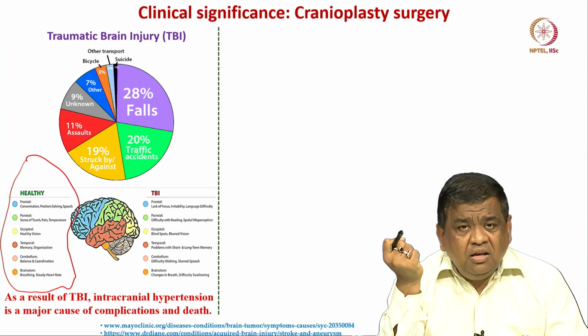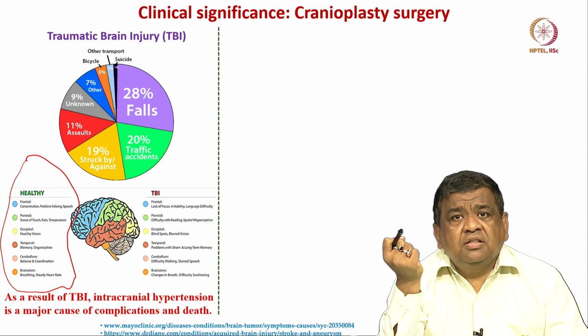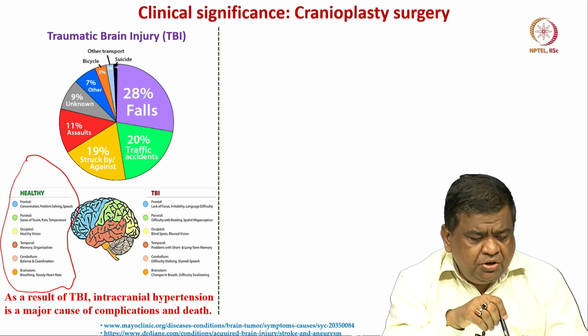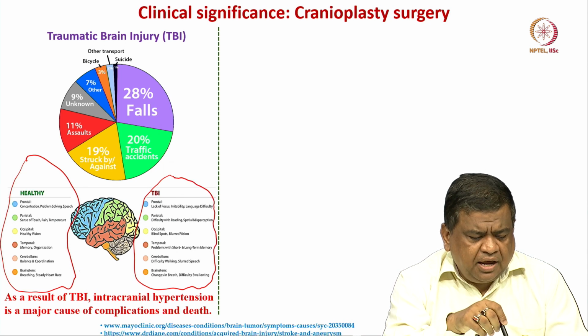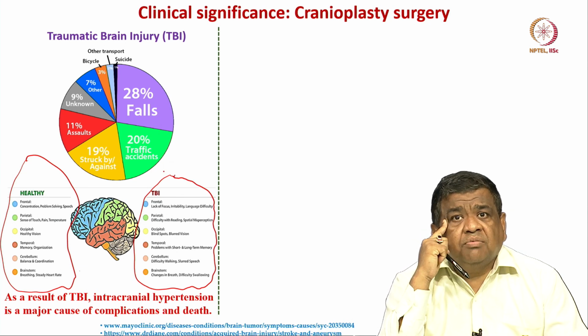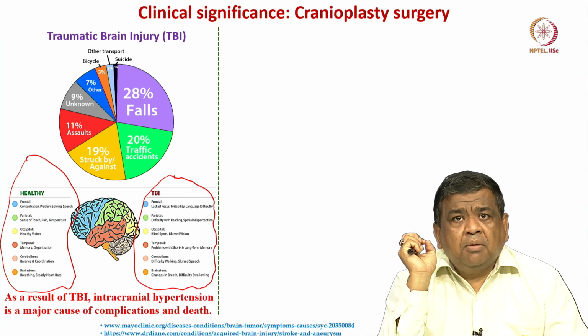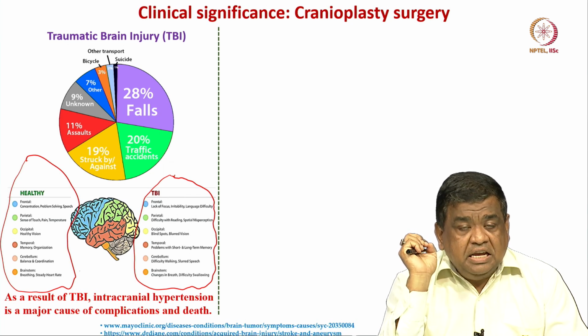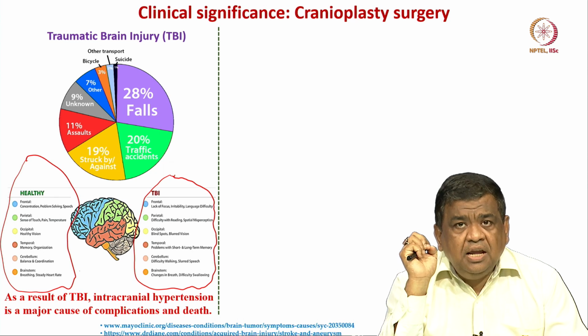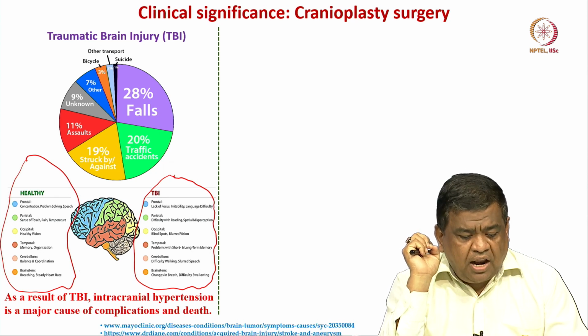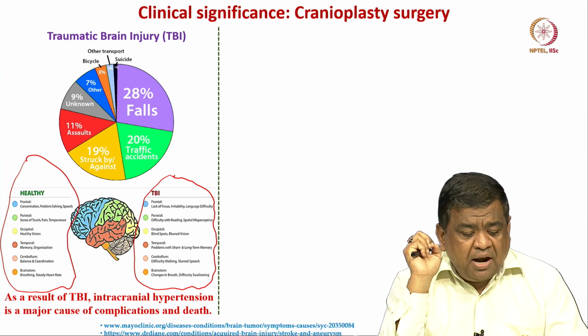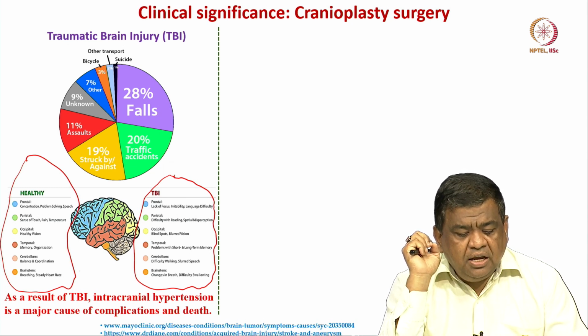So, what are these attributes or aspects which will be compromised due to traumatic brain injury? These are mentioned on the right hand side as I am circling here. In the frontal part, because of the traumatic brain injury, the patients will have lack of focus, they will get irritated very easily, they will have speech problem or language difficulty, and if the parietal part is injured, then they will have difficulty with reading, spatial misperception.